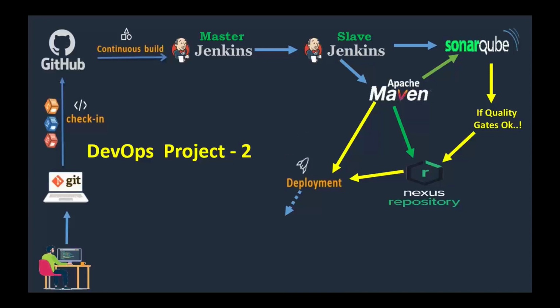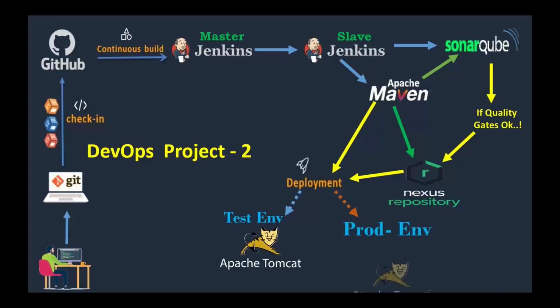We are going to deploy the product in the test environment from Nexus, or directly we can deploy into the deployment environment. In the deployment environment, we have the test environment, the QA environment, the dev environment, and the production environment. Like this, we can deploy wherever we want.